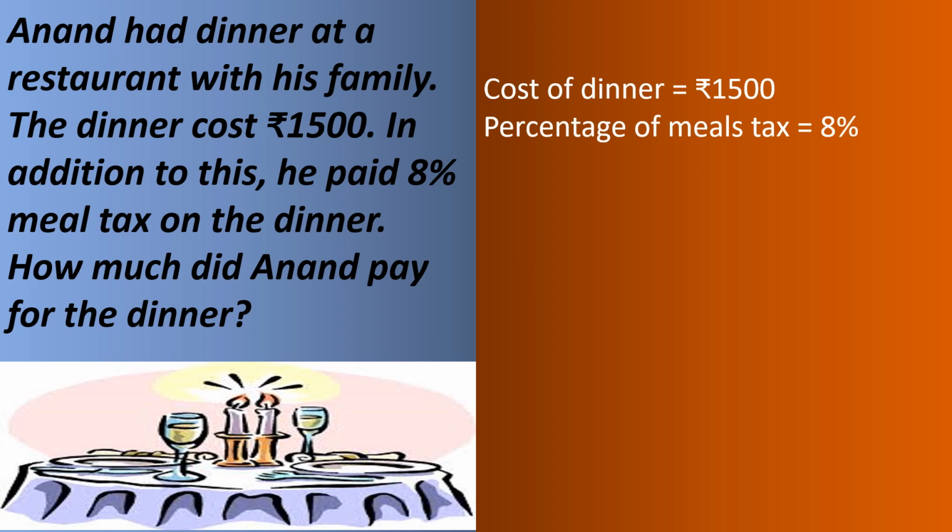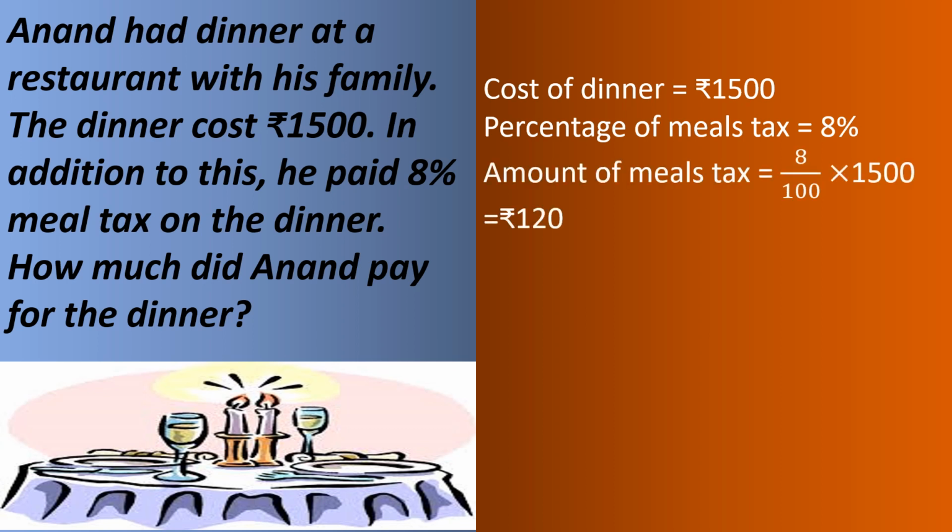Now we need to find out the meal tax first in the form of an amount. It means 8% of 1500. So how will we calculate? Like this, 8 by 100 into 1500, and when we solve, we will get rupees 120. Now the meal tax is 120, the cost of dinner is 1500.